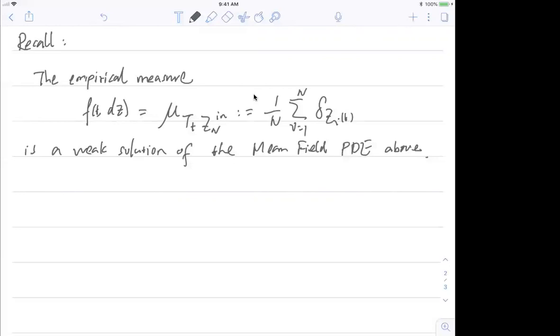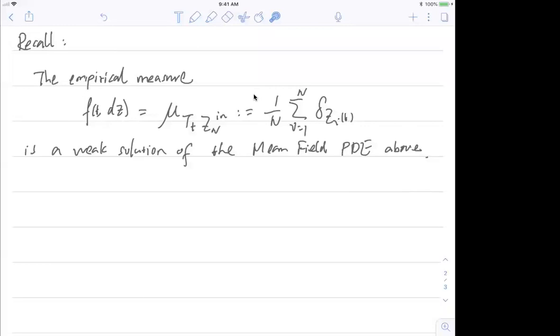Okay. So as I said, the ODE system can be written using the empirical measure. We can use the mean field PDE to represent both the limit PDE and also the ODE system.